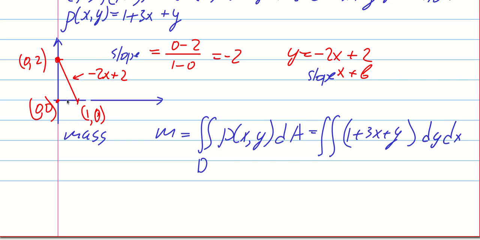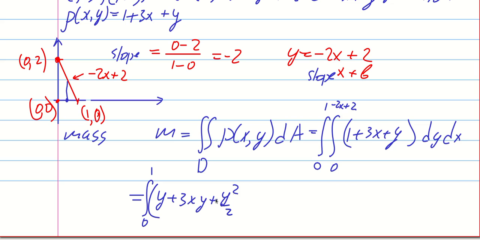Let's see how y changes for one particular x. Our y changes from 0 to this line, which is negative 2x plus 2, and our x changes from 0 to 1. So we integrate with respect to y. We get y plus 3xy plus y squared over 2, evaluated from 0 to negative 2x plus 2, dx.